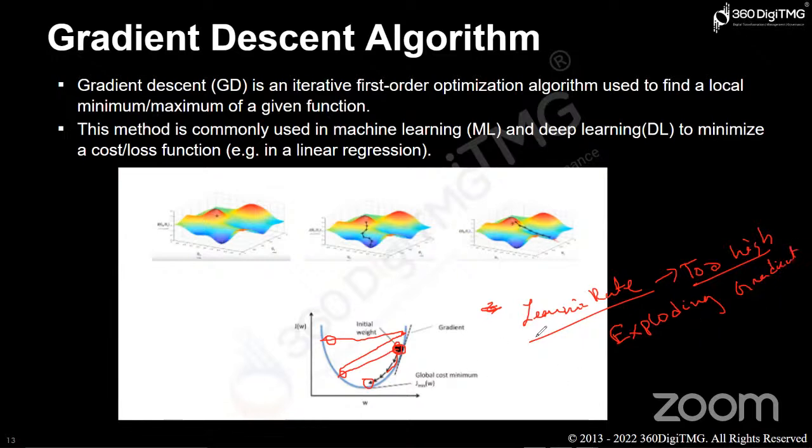Now also, if the learning rate is set too low, it barely moves. It moves very slowly, so to get to the minimum point it will take a very long time. This is known as the vanishing gradient problem.